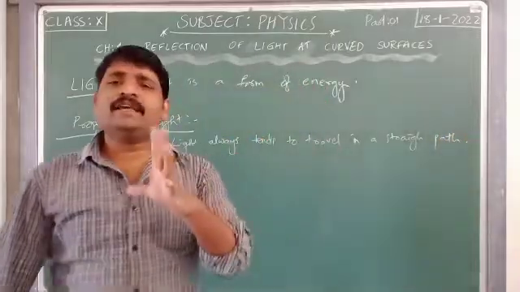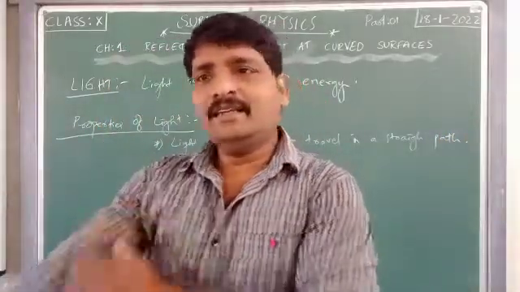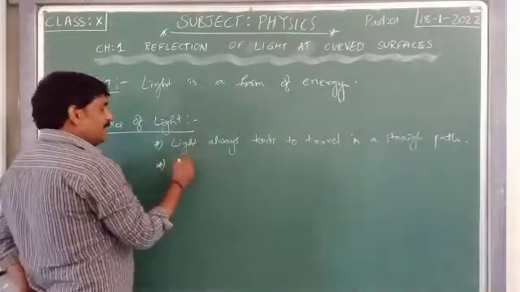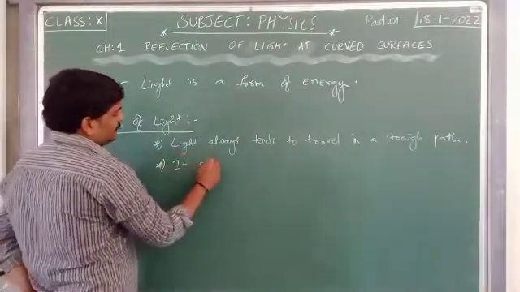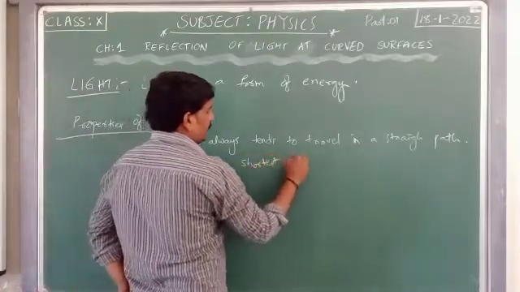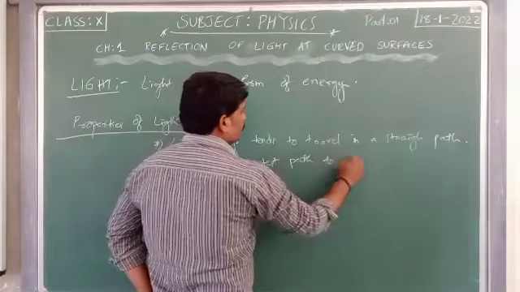Light always tends to travel in a straight path, and it selects the shortest path to travel.